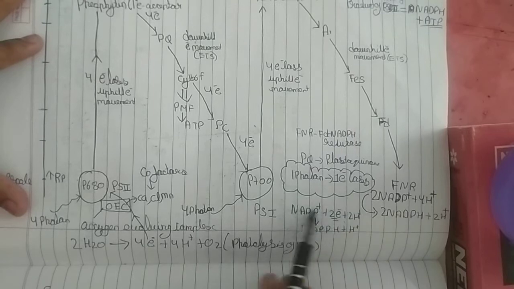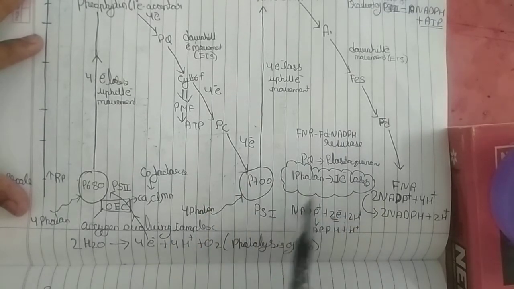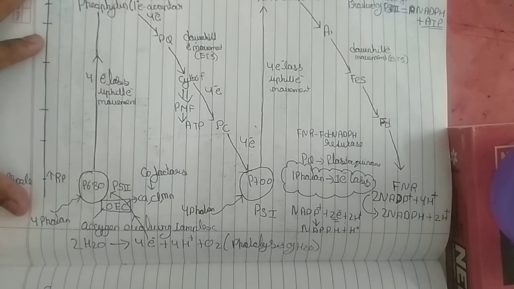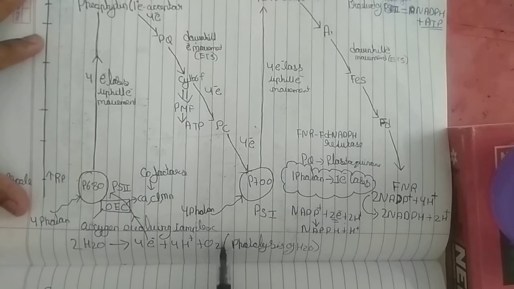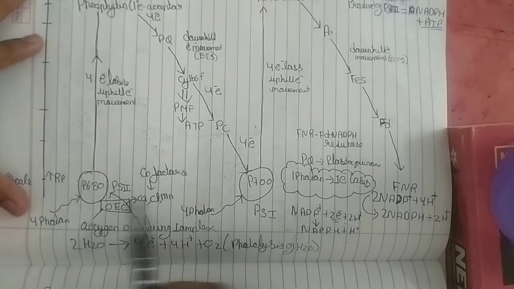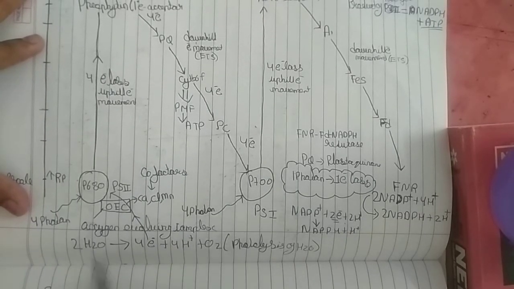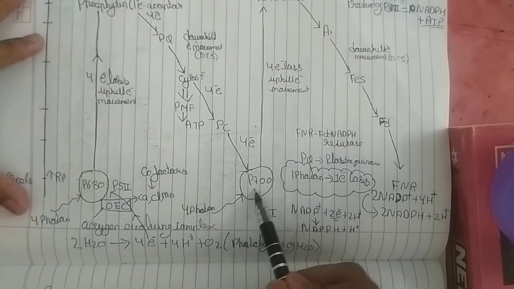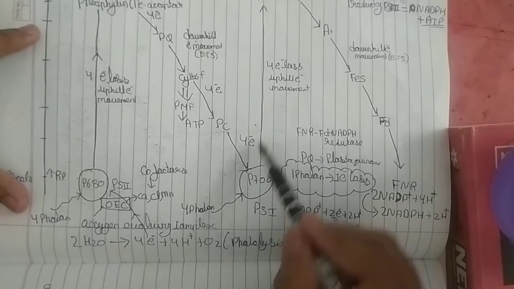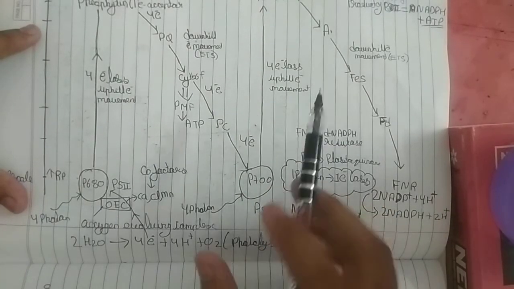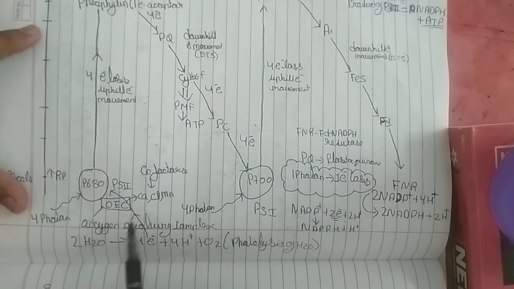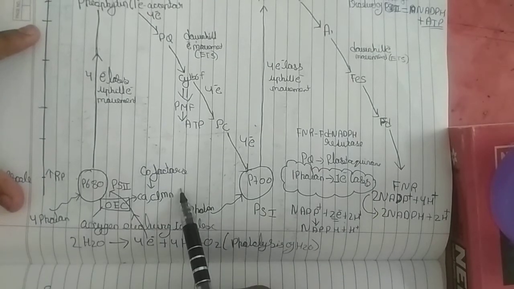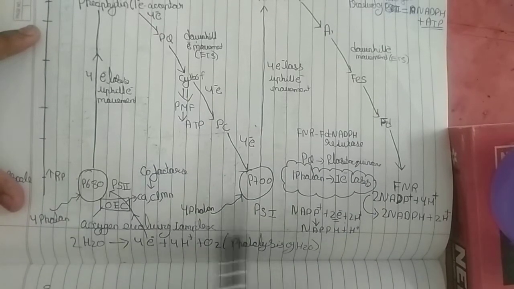So to produce one oxygen molecule, 4 plus 4, that is 8 photons are required. If 4 photons are not provided, the process stops there only, and there will be no electron deficiency. So both photon sets are necessary.